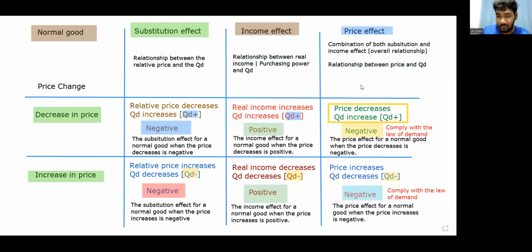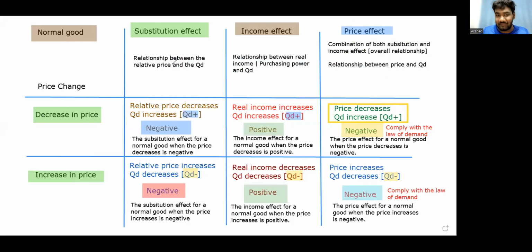So overall, when the price of a normal good decreases, the quantity demanded increases. That is also supported by what we learned before, because the price effect is a combination of substitution and income.